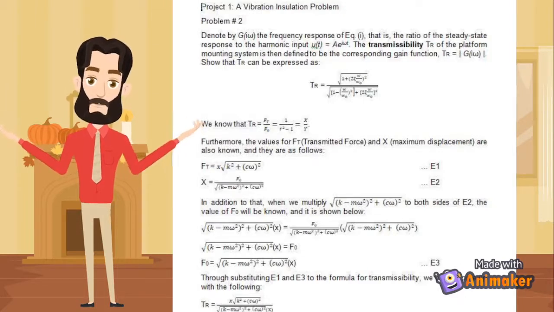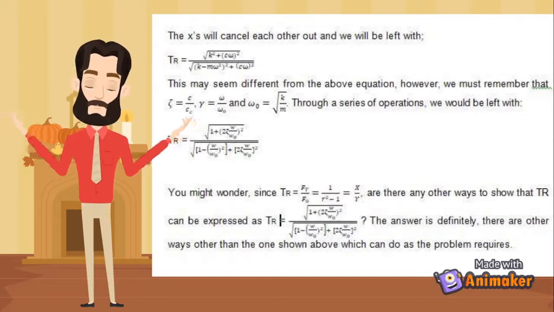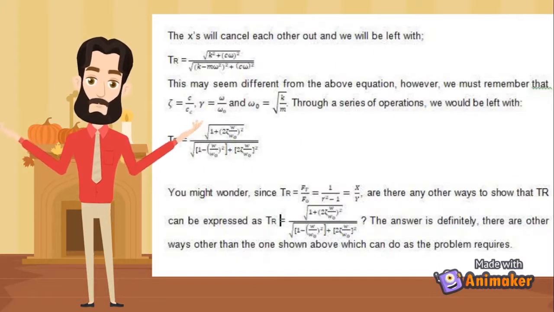We notice that the numerator and denominator both have x, and they can cancel each other out. So we would be left with this, which may seem different, and it is indeed different from the equation that we would need to express transmissibility as.